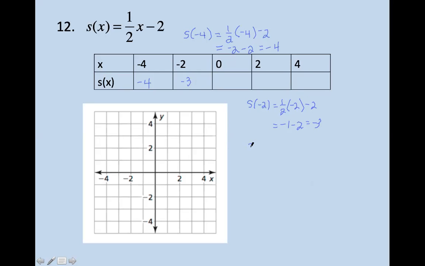Okay, the third time we're putting in 0. So s of 0 is 1/2 times 0 minus 2. Half of 0 is 0. 0 minus 2 is -2.